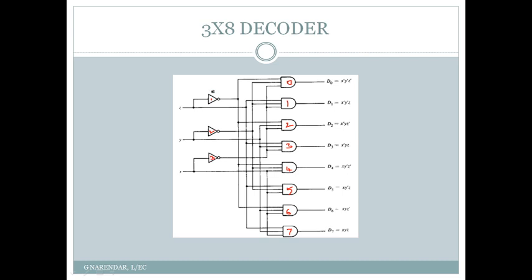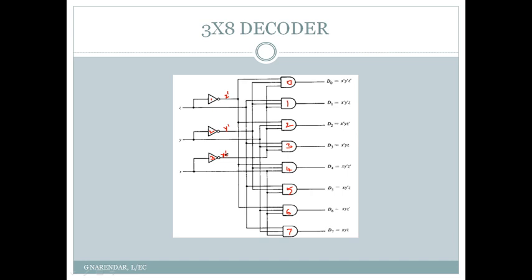For NOT gate 1 the input applied is Z and the output is Z bar, for NOT gate 2 the input applied is Y and the output is Y bar, and for NOT gate 3 the input applied is X and the output is X bar.